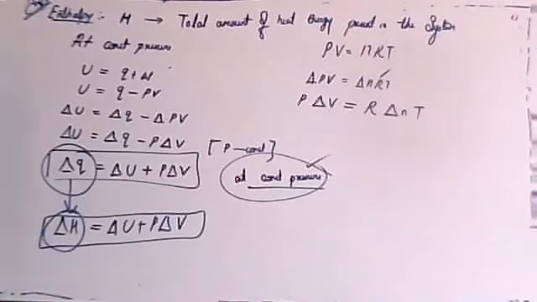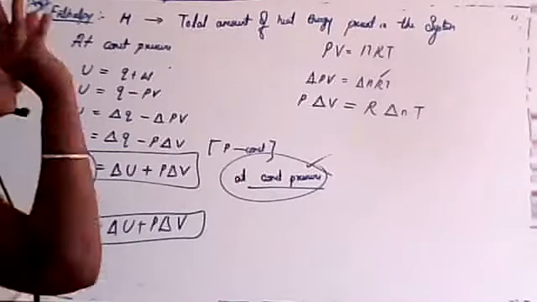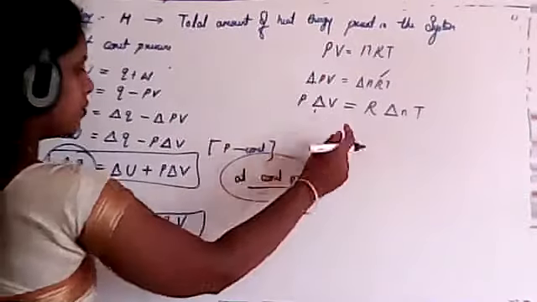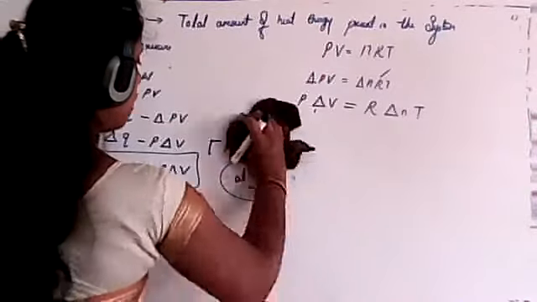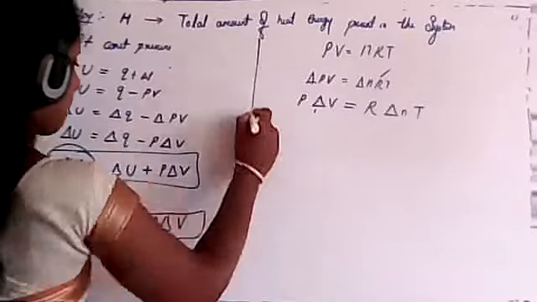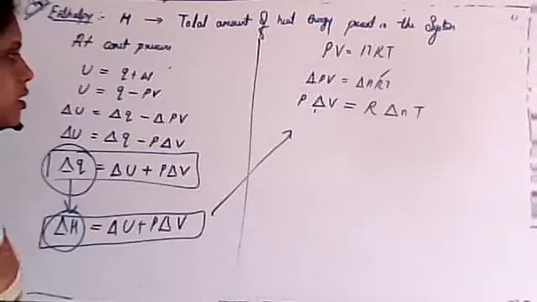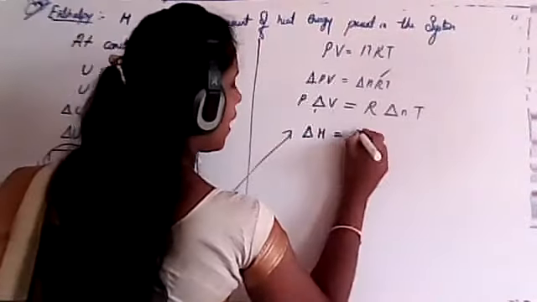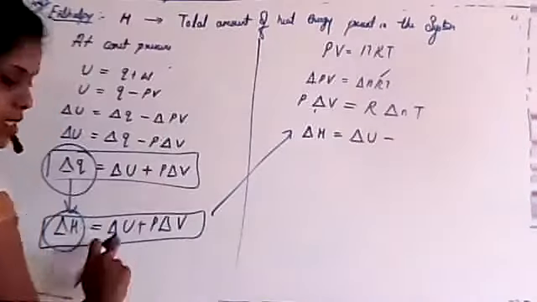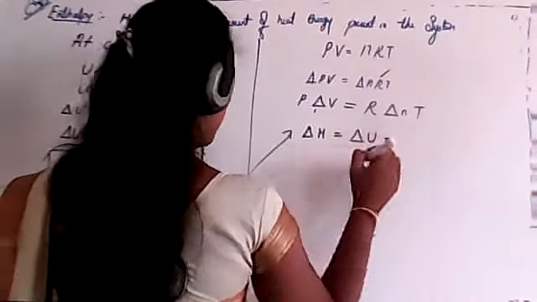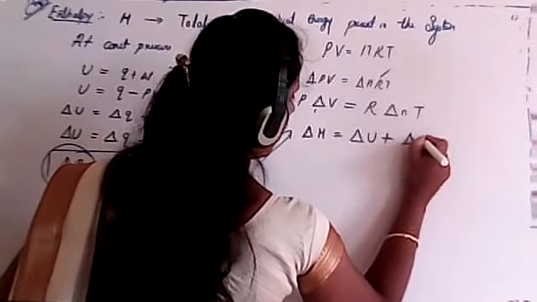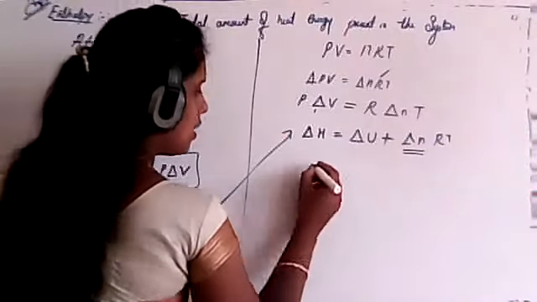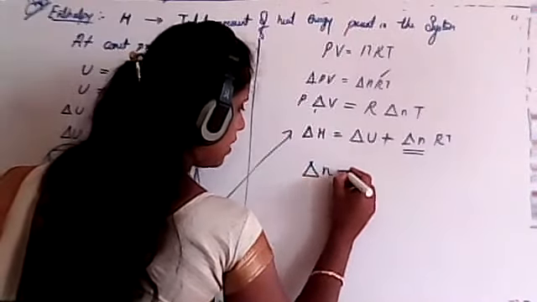Clear? Now listen, I'll substitute this value in the equation. What will the equation be in this case? Delta H equals delta U, which remains as it is, plus delta n R T. Remember, delta n is very important.